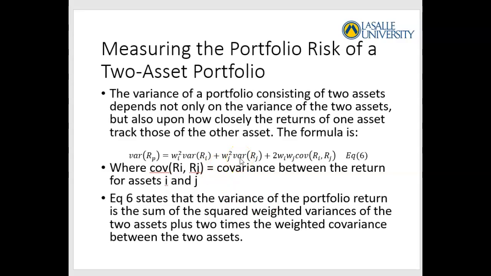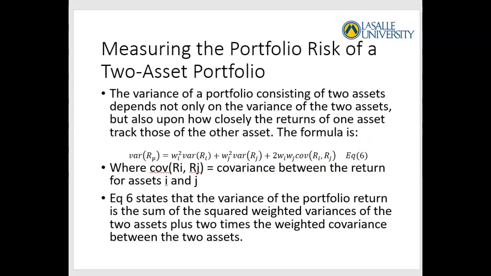And when you have positive variances in your portfolio for individual stocks, you can use this equation here, equation 6, which states that the variance of the portfolio return is the sum of the squared weighted variances as well as the covariance included in this formula over here.